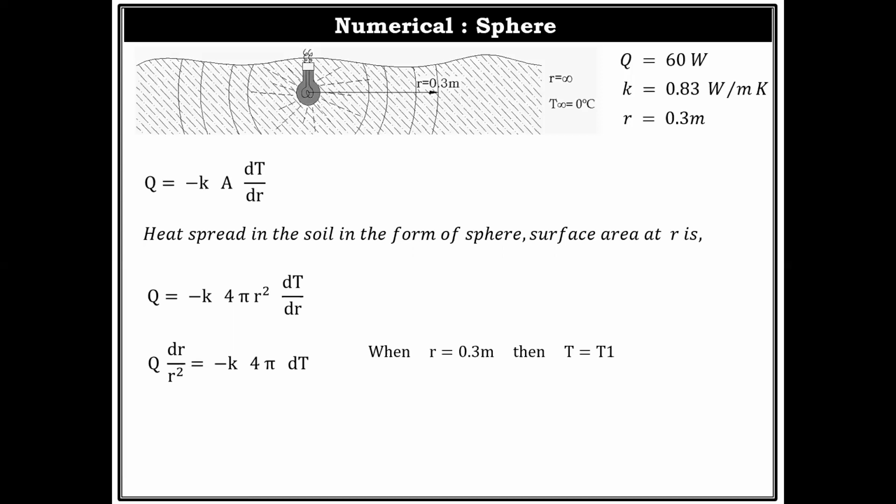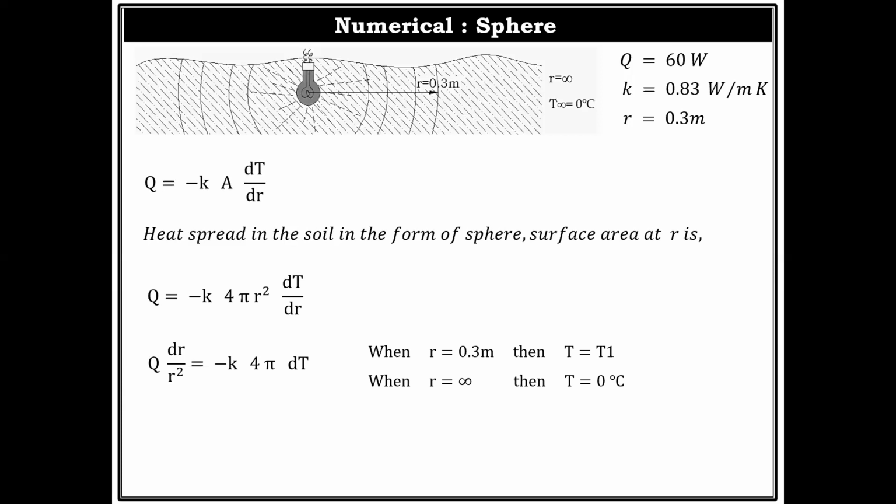When r equals 0.3, then the temperature T is T1, which is unknown. Actually, we are interested in finding this T1. And the second condition: when r is equal to infinity, where the heat has not reached, the temperature is 0 degree centigrade.